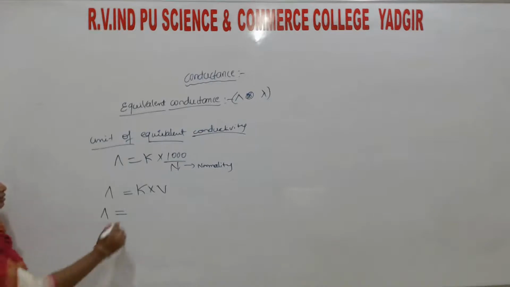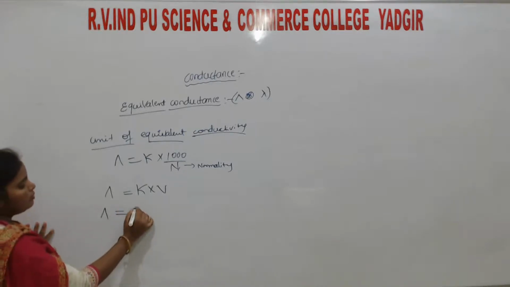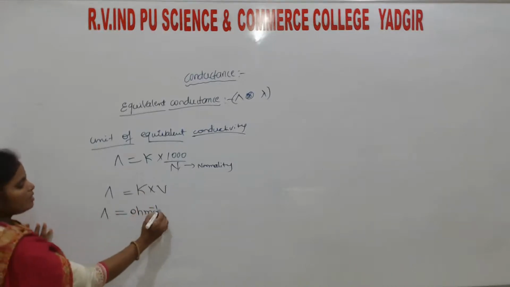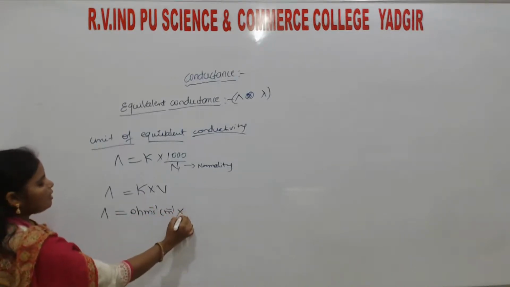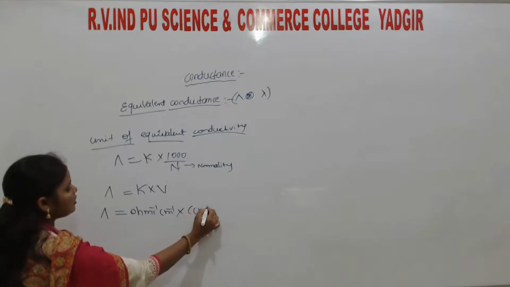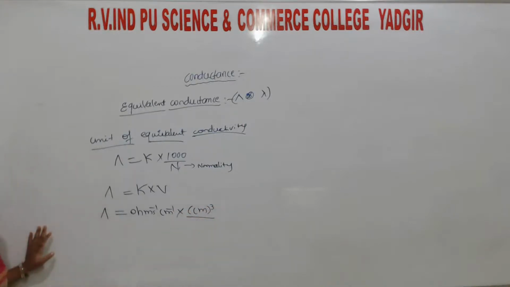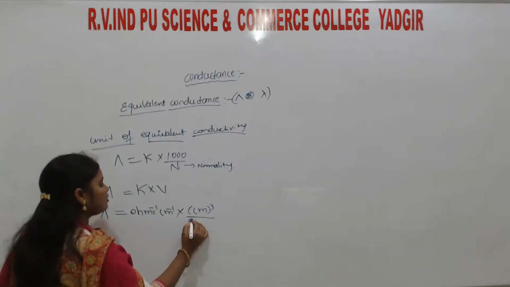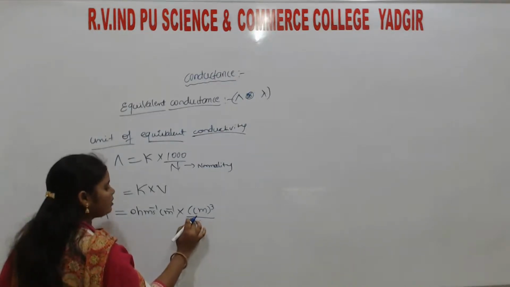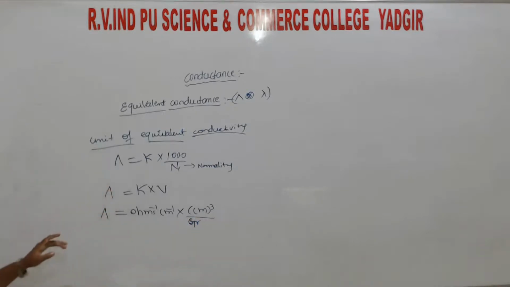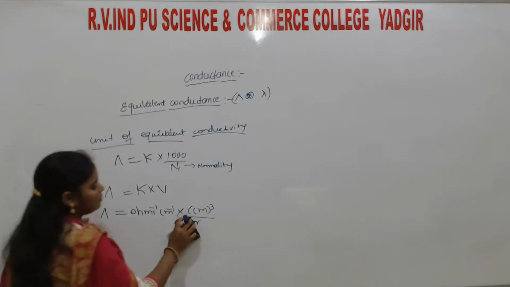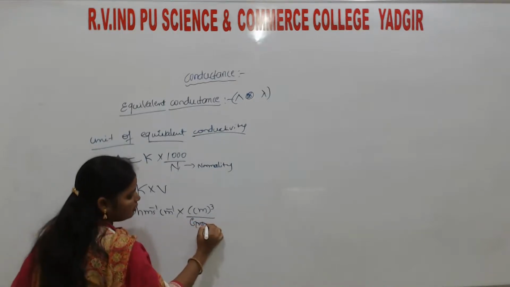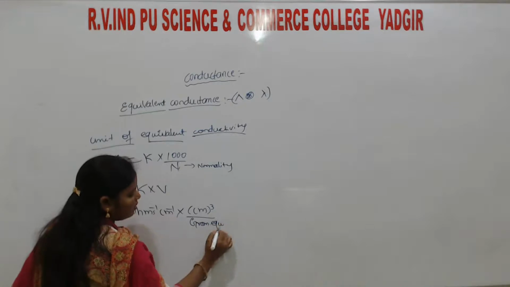And here the unit is per ohm per centimeter multiplied by cm cube divided by gram equivalent.